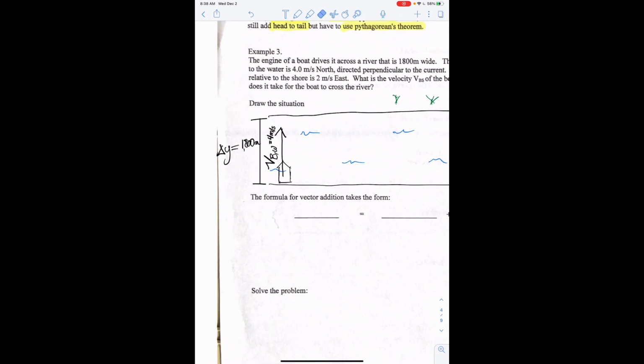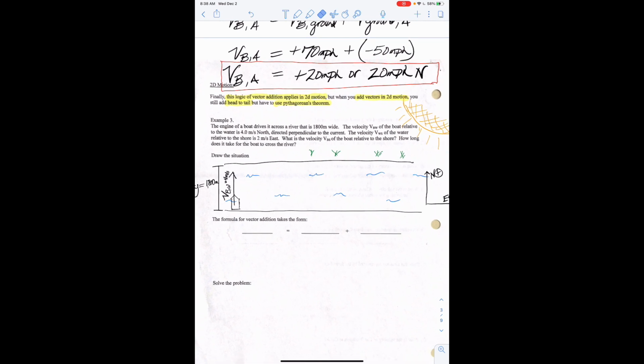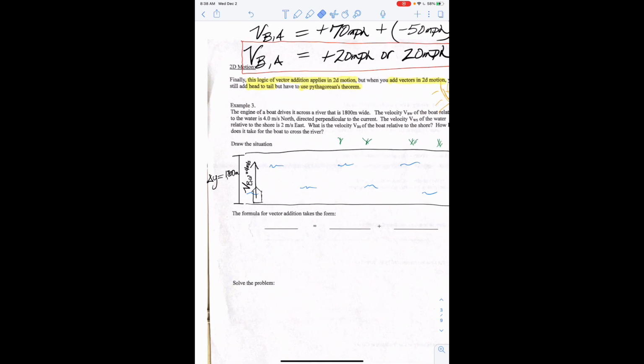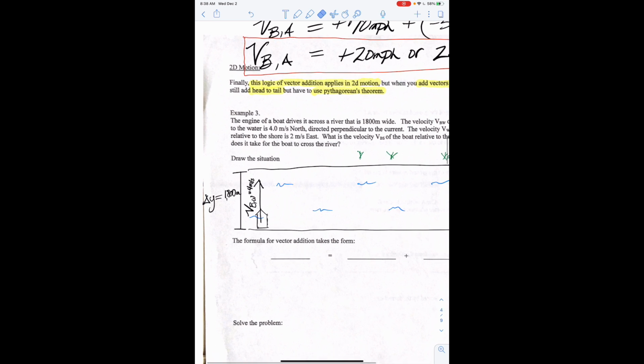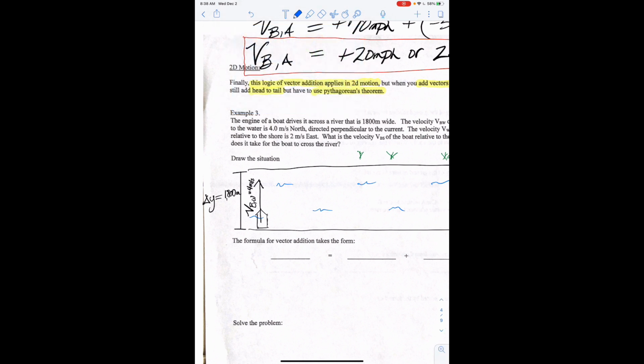Okay, and then it says the velocity of the boat relative to the water, 4 meters per second north, is directed perpendicular to the current. The velocity of the water relative to the shore is going to be moving. I'll use a blue vector for this because this is the water. It's going to be 2 meters per second, so I'm going to draw it a little smaller, 2 meters per second to the east.